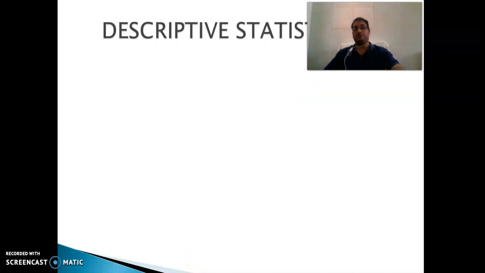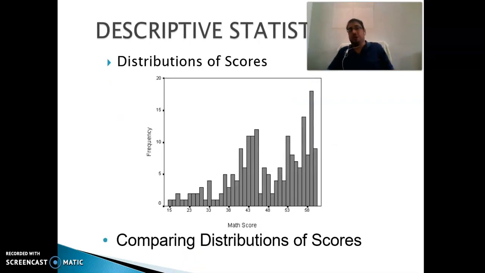Then descriptive statistics, you can present using a histogram. This is an example of using descriptive statistics. This diagram shows the distribution of a score. You can see in the diagram there are several data distribution points, like 15, 23, 33.